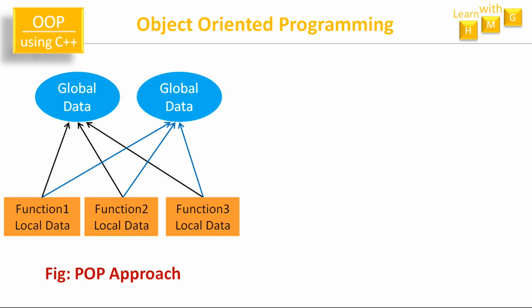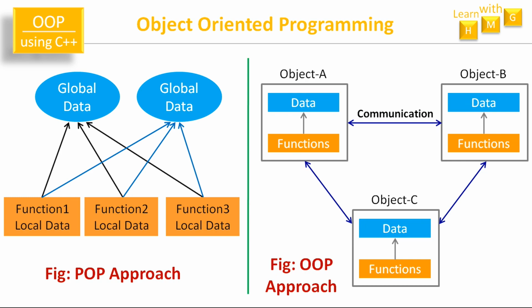So let us revise the POP approach and OOP approach with the help of the diagram, particularly related to data. In the POP concept, we have seen the global data and local data: the functions have their own local data and they can operate on the global data also.